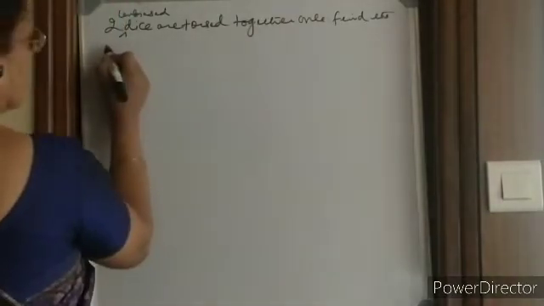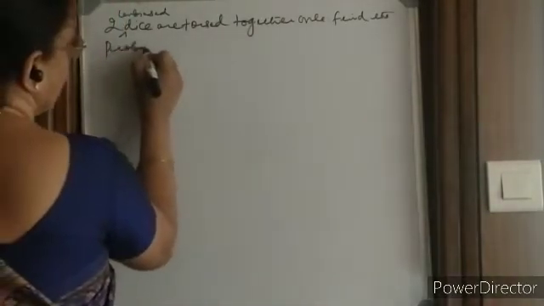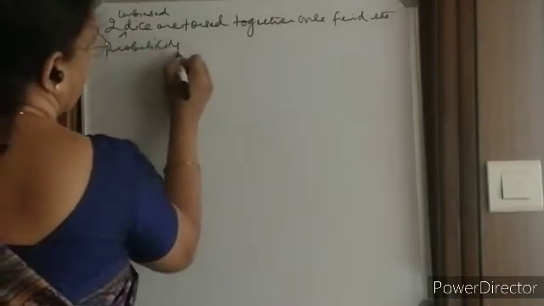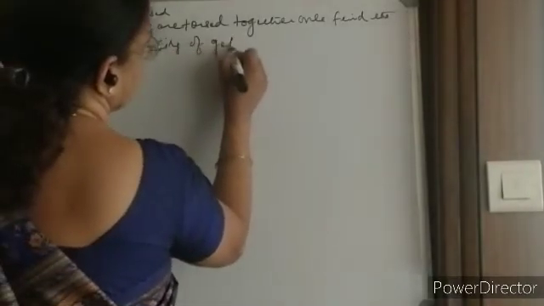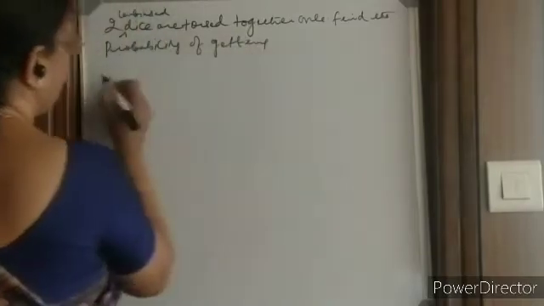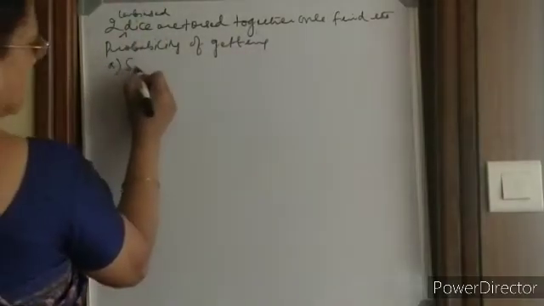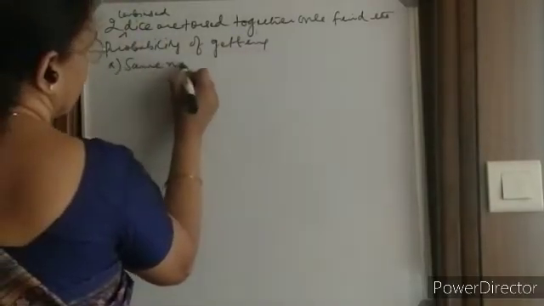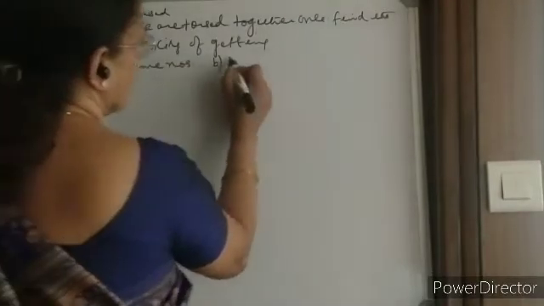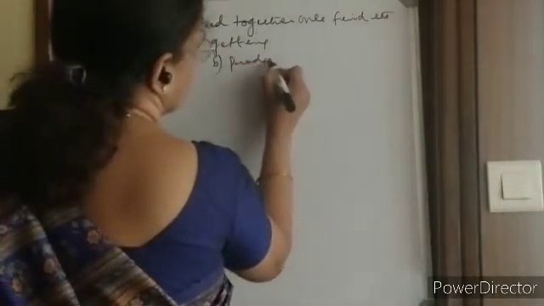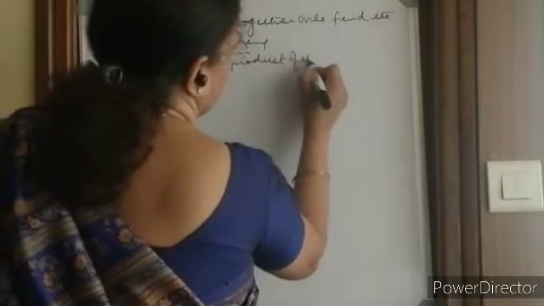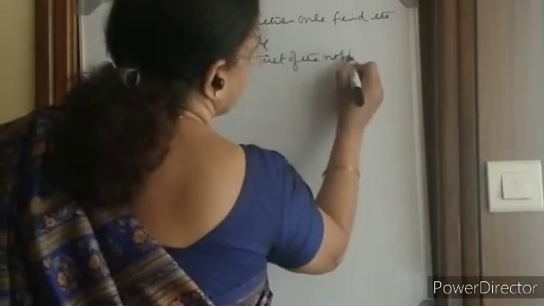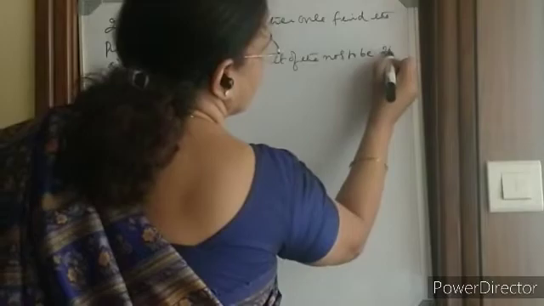Find the probability of getting: first, same numbers; second, product of the numbers to be 24.